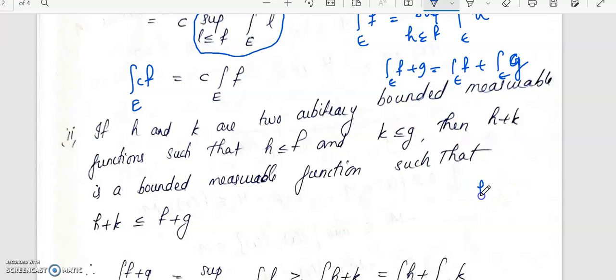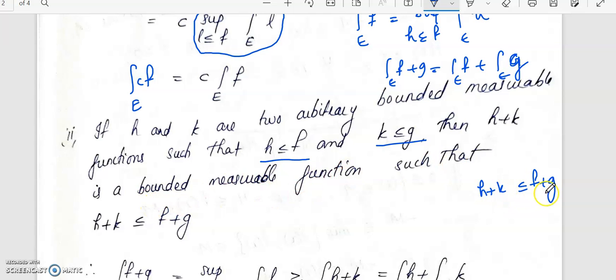So we need bounded measurable functions such that it is less than f plus g. So let us consider arbitrary bounded measurable functions such that h is less than or equal to f and k is less than or equal to g. Then h plus k will be less than or equal to f plus g.